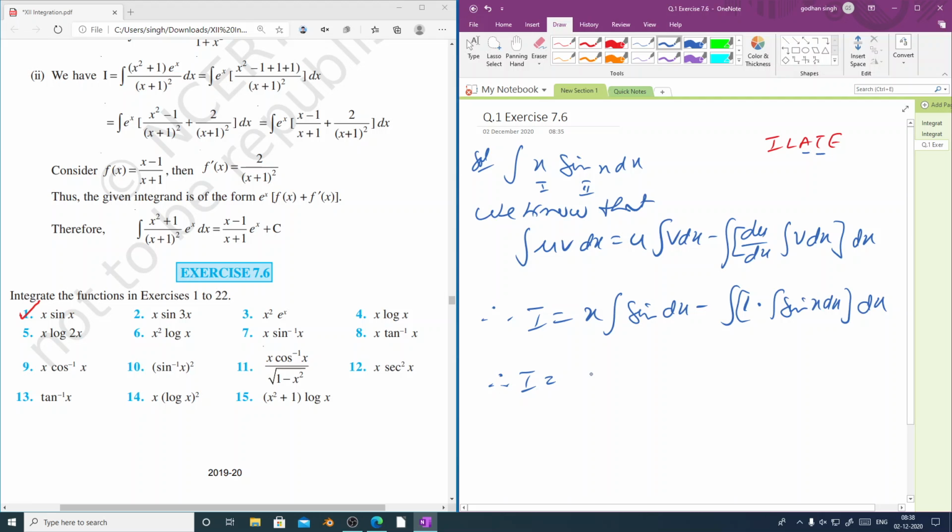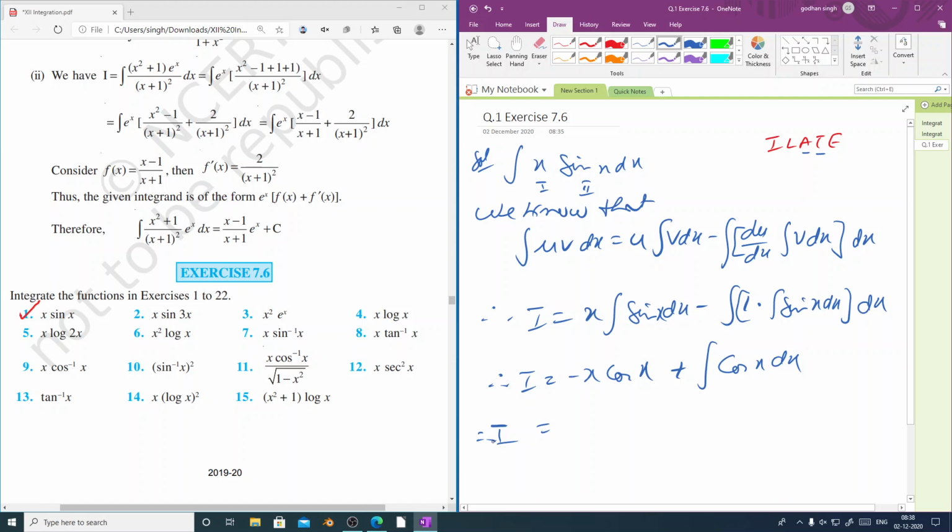Therefore I equals x. Now integration of sine is minus cos x, so minus cos x, then minus, here integration of sine will remain as it is, and 1 will not make any difference. Now integration of sin x is minus cos x, so it will be plus cos x dx. There is no need to write c here; at the end we write it.